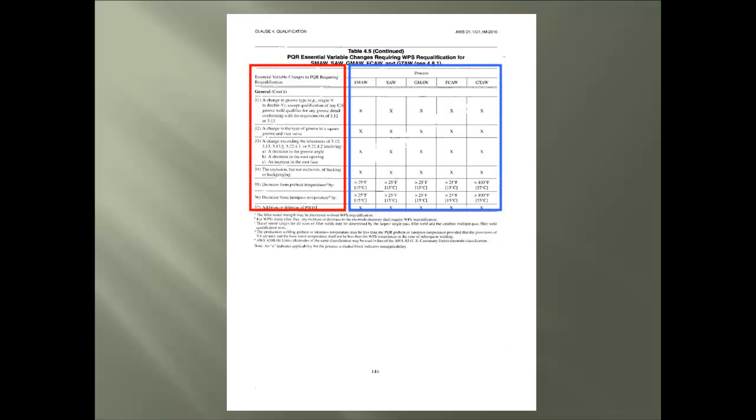As we move to the last page of the table, we see the two parts again and the continuation of the general topics, which leads us to the footnotes being found here at the bottom of the page.